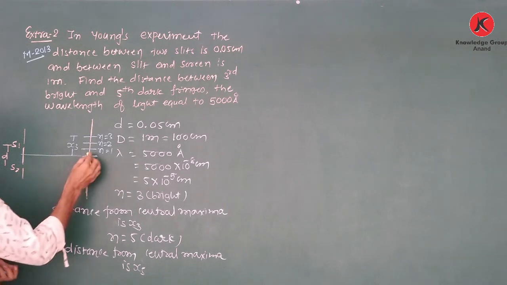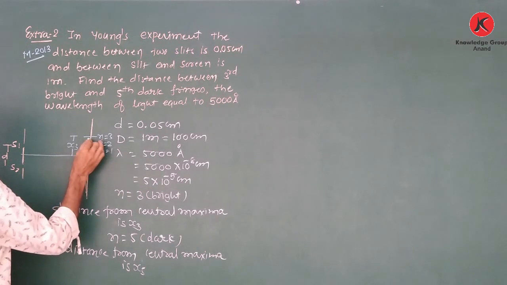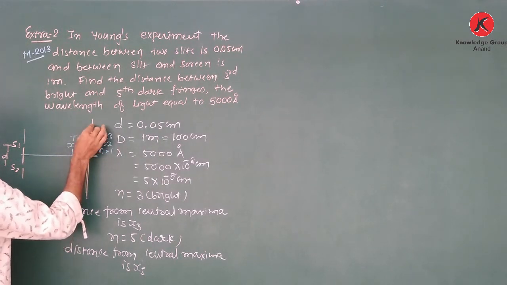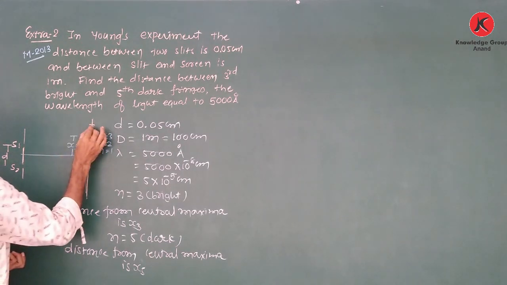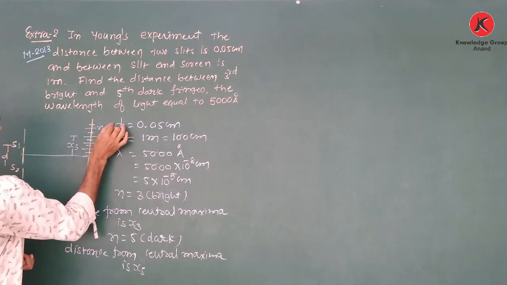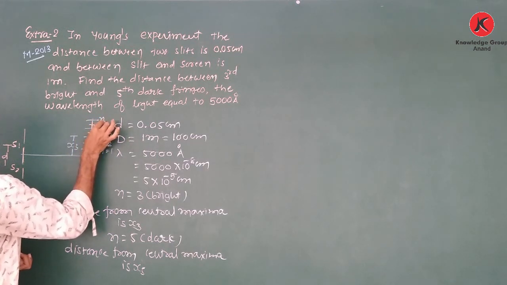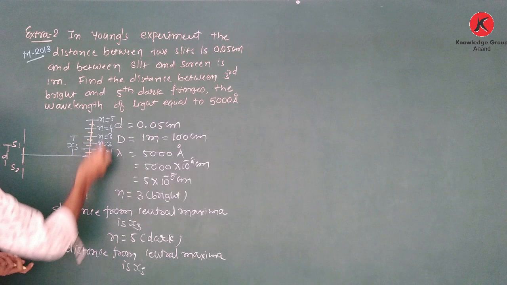Now there are the first dark, second dark, third dark, fourth dark, and fifth dark fringes on this side.